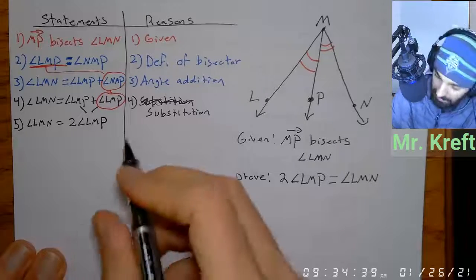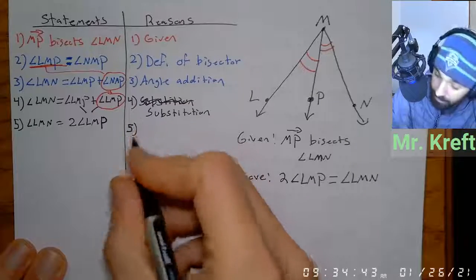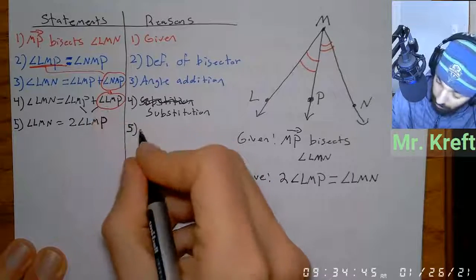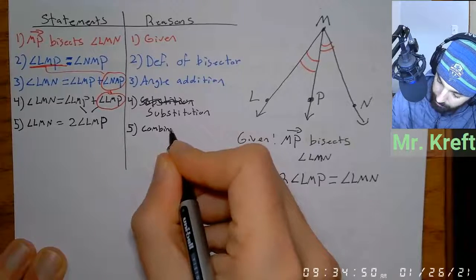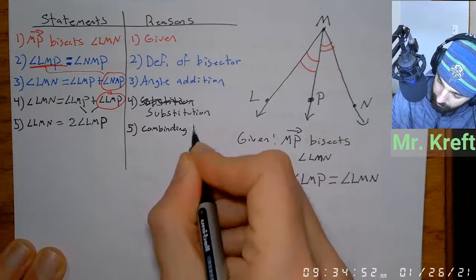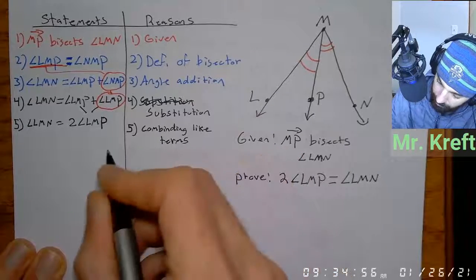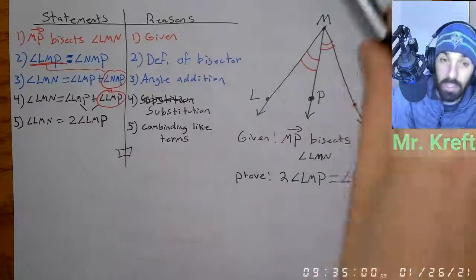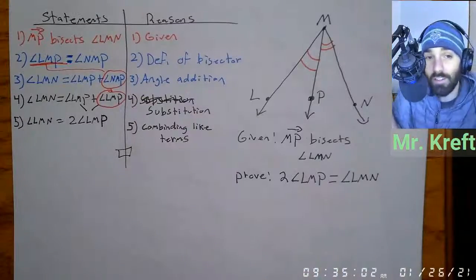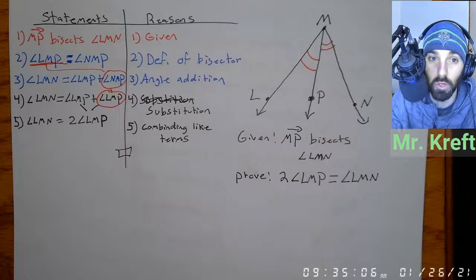I'm trying not to say it. Yeah. And in this case, we don't have variables, so I would just say combining like terms. And if you use the word terms, then it doesn't have to be variables or constants or angles. It can just be whatever the terms are.